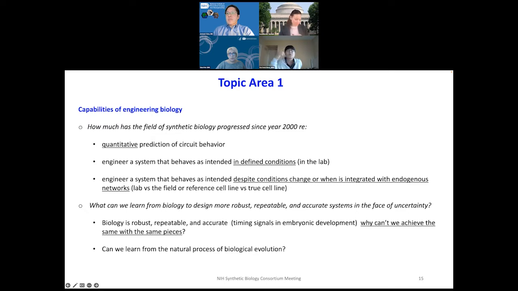But one issue in biology would be the uniqueness of individuals. Every single species, or every single human, or every single bacterium is different from another. That is one of the challenges in biology in general.